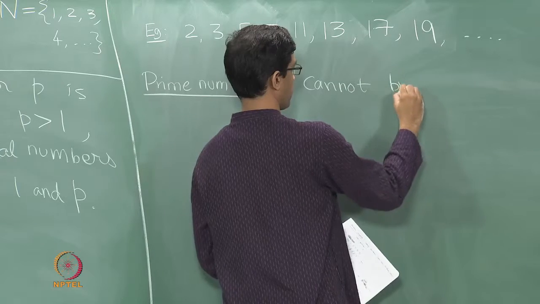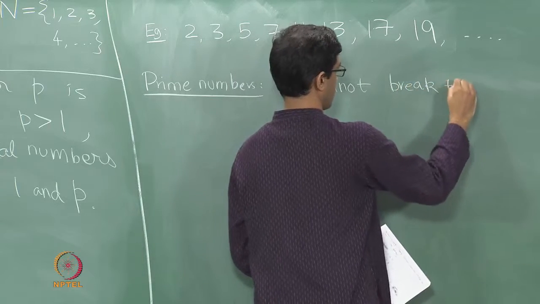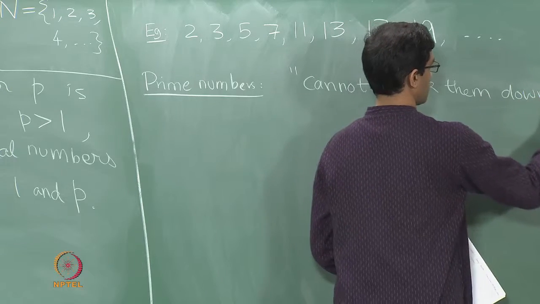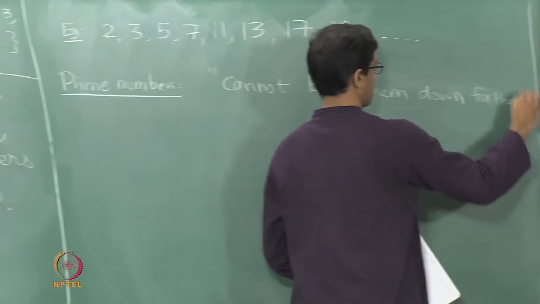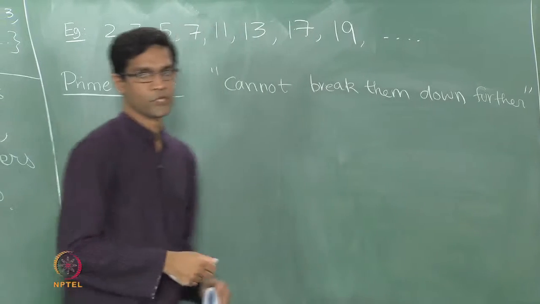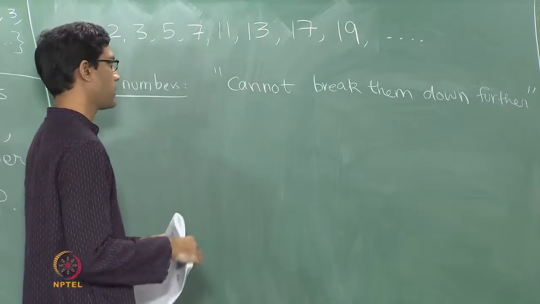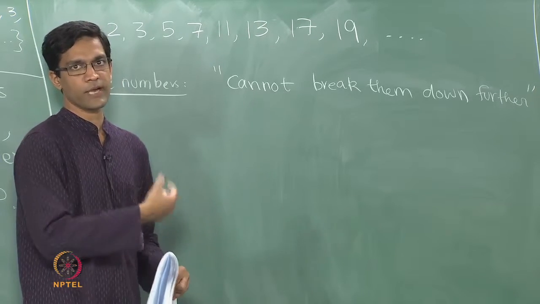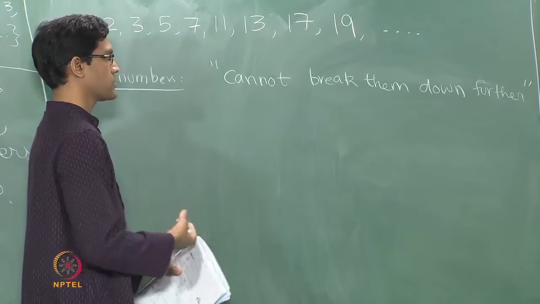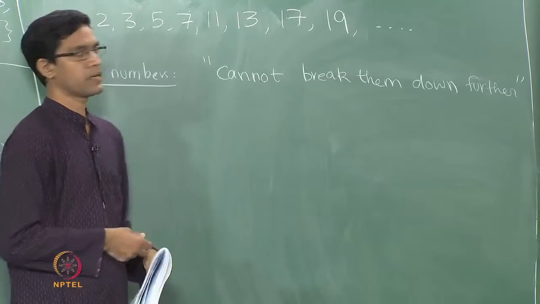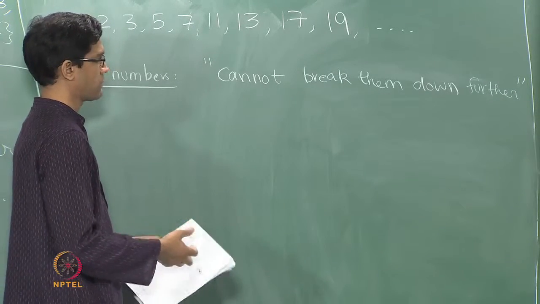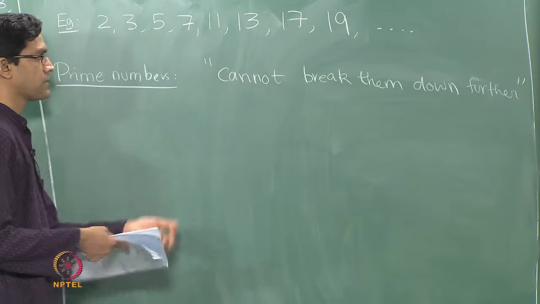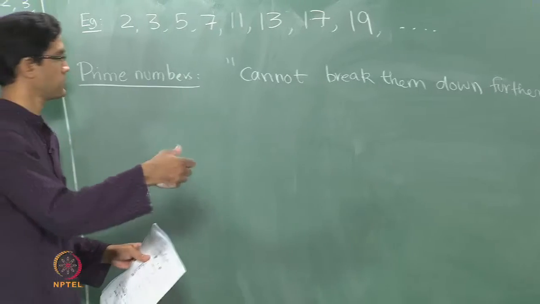So here is a picture of prime numbers that it is useful to keep in mind. Any number which has a divisor can be written as a product of smaller numbers, but since prime numbers do not have divisors other than 1 and itself, you cannot break them down any further and write them as a product of smaller numbers.